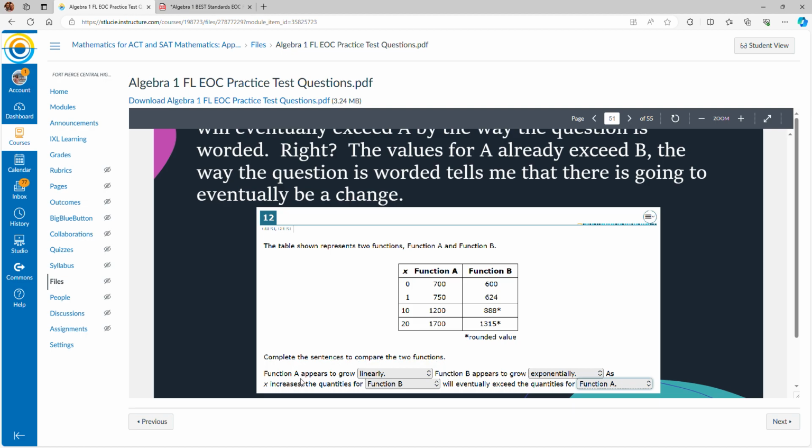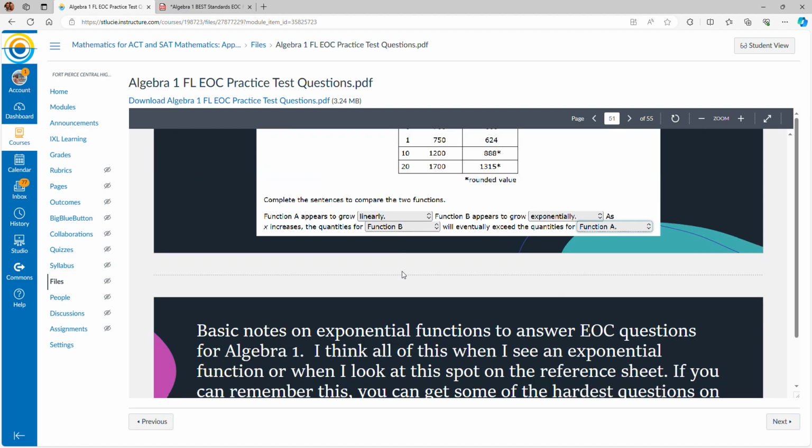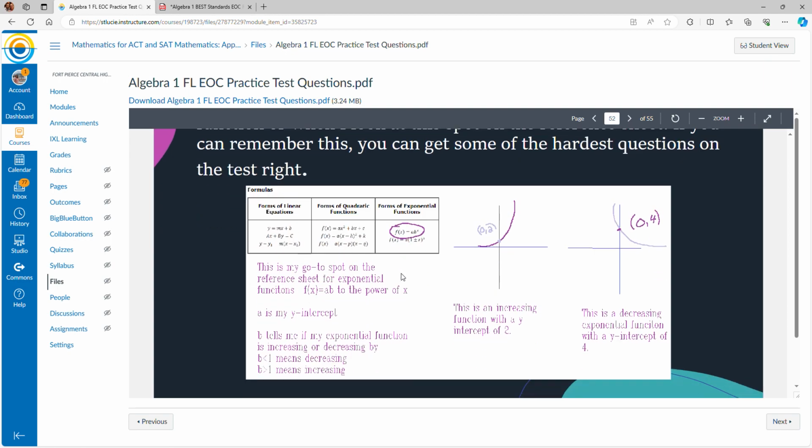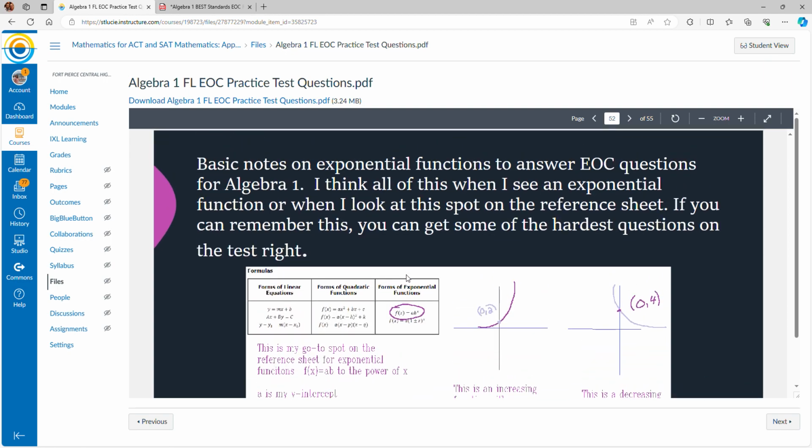As x increases, the quantities for B will eventually exceed the quantities for function A. And that's correct, not only based on how it's worded, but also because exponential functions always overtake linear functions in the long run. And then I gave you some of my notes for an exponential function.